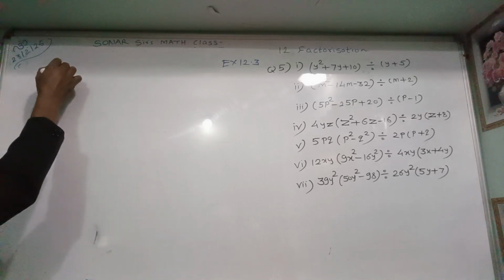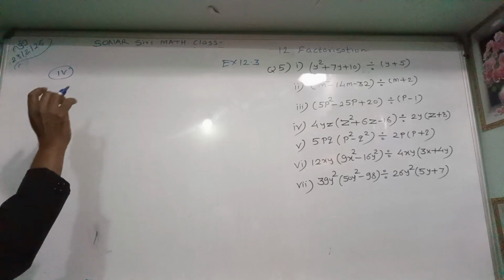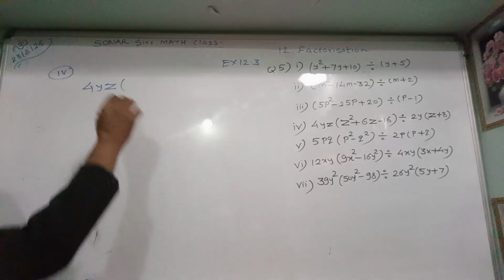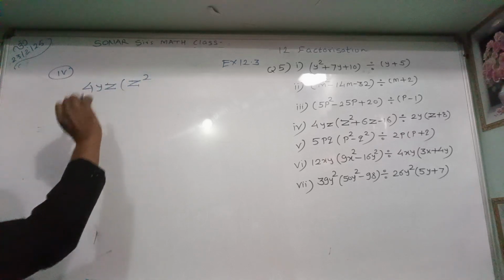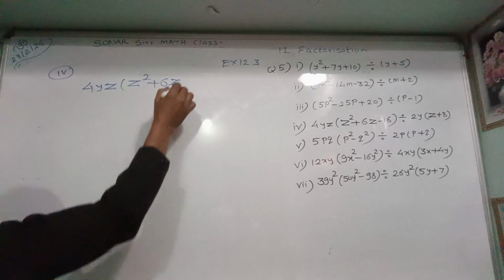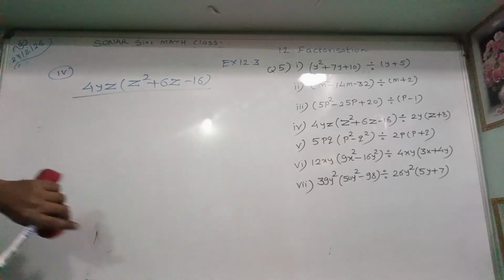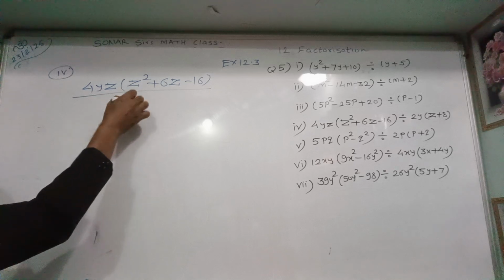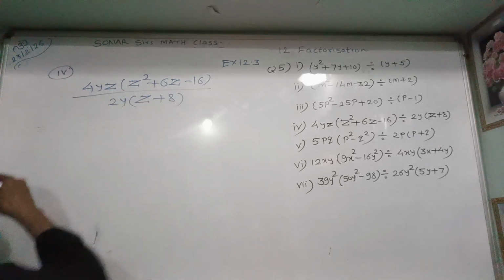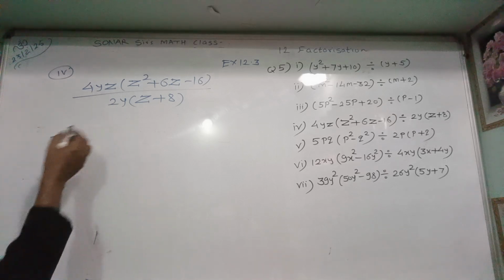So question number 4: 4yz in bracket z square plus 6z minus 16, to be divided by 2y in bracket z plus 8. So again we'll simplify it.